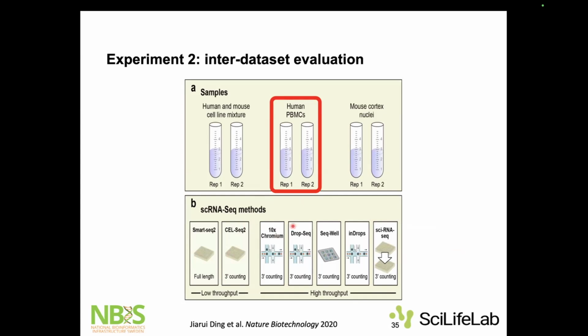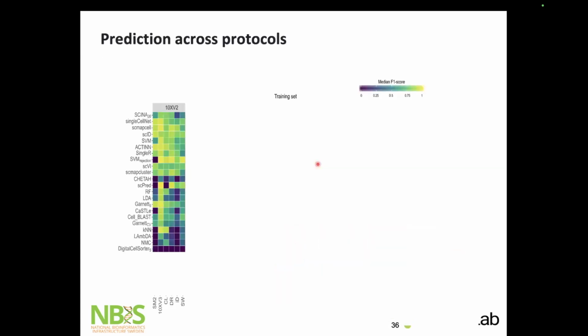For example, they trained on one method and tested on the rest, and they repeated that for all 7. They could also train on one replicate in a specific protocol and then test on the second replicate. Here they expect it to perform well because the method is similar and they are just replicates.